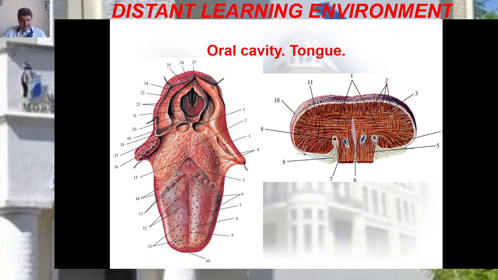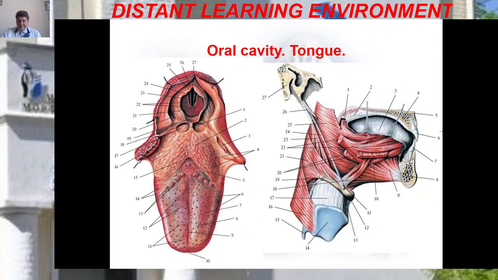So the muscles of tongue are divided in two parts. Skeletal part, the muscles arising from derivatives of first visceral arch, such as genioglossus muscle.